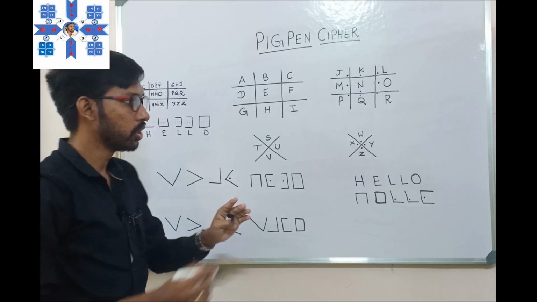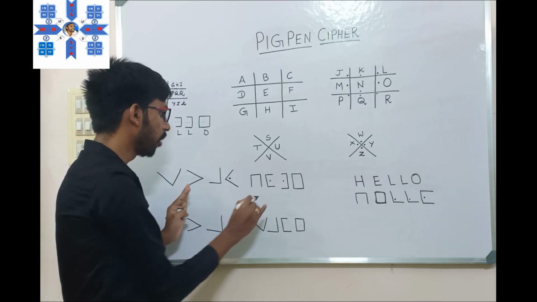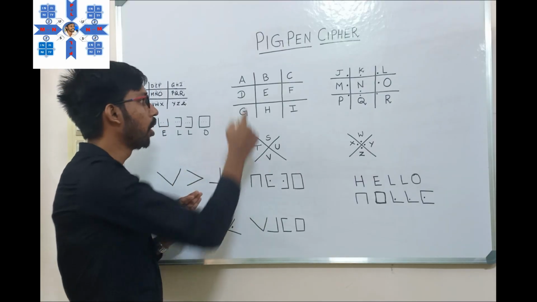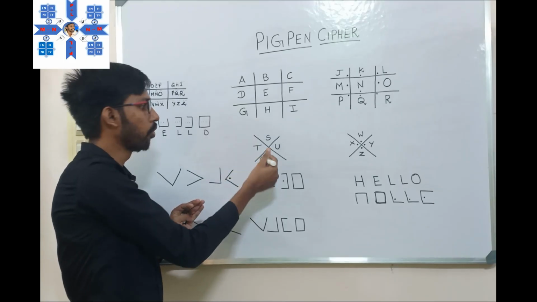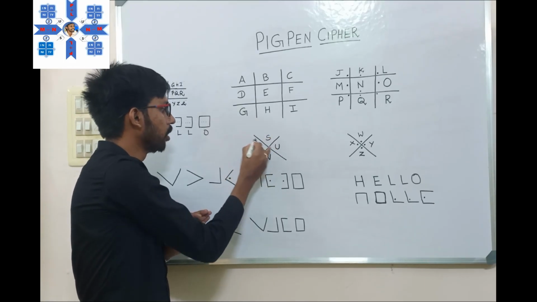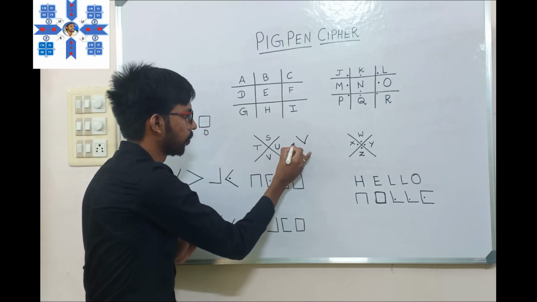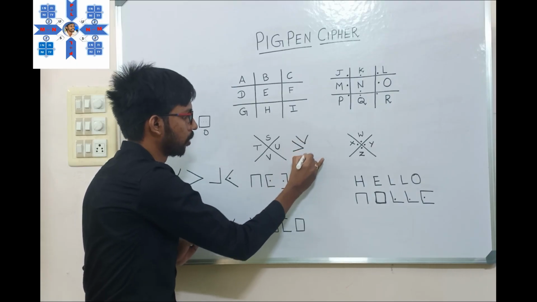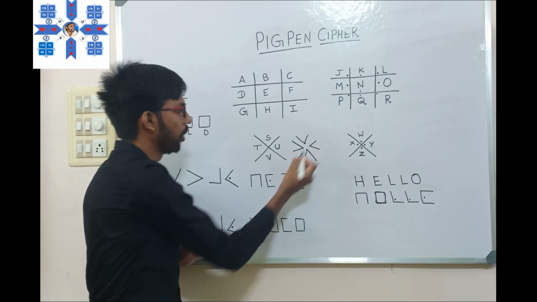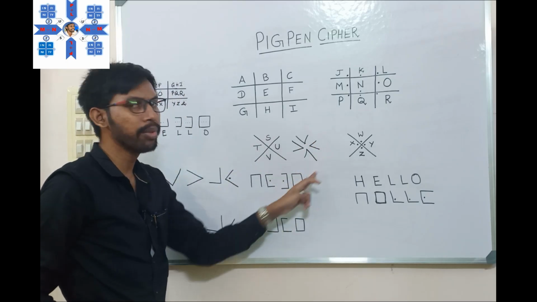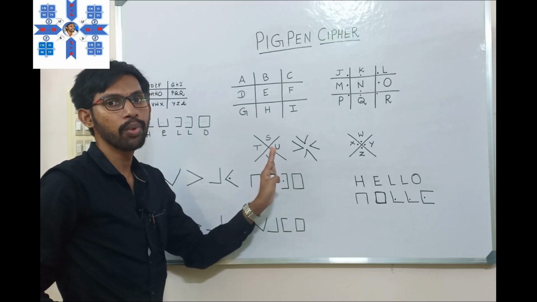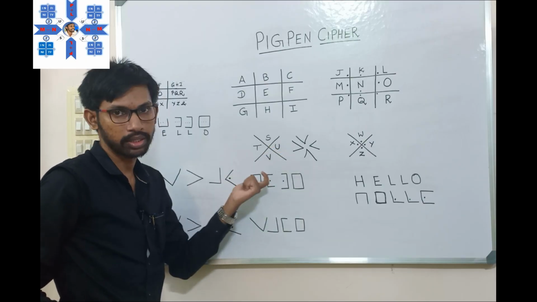Number 2, just by looking at the shape, you can come to a conclusion whether it belongs to grid or X. So whenever you identify this 4 fragmentation, automatically you can come to a conclusion this should belong to X.